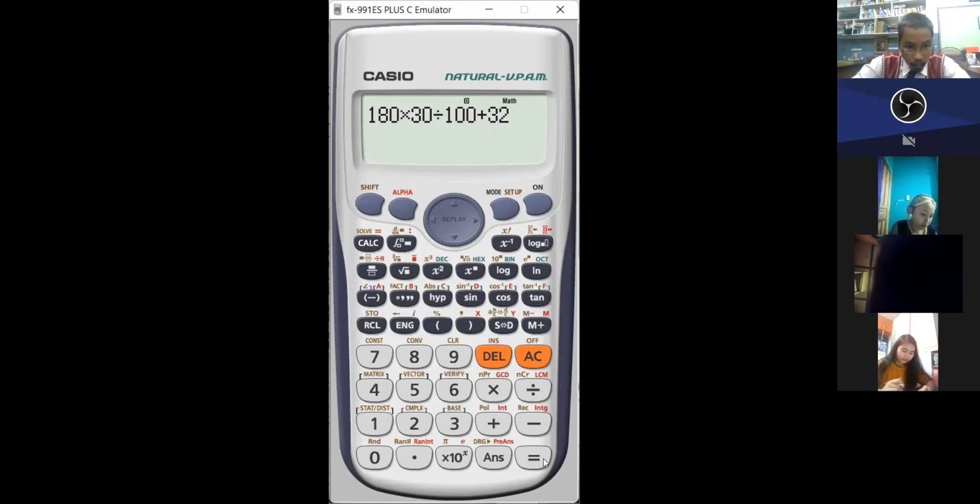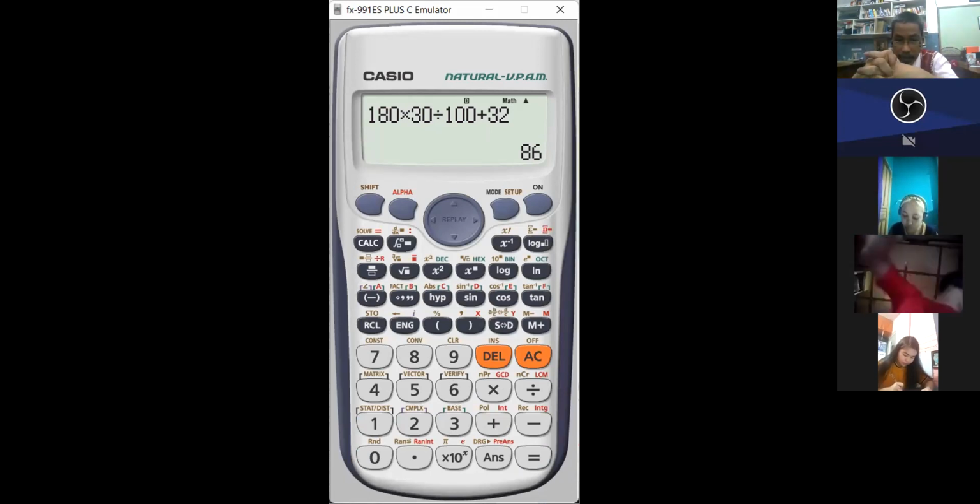So 86. So 30 degrees Celsius, which is the ambient temperature in the Philippines, is equal to 86 degree Fahrenheit. So that is how to convert, no? How to convert using your calculator.